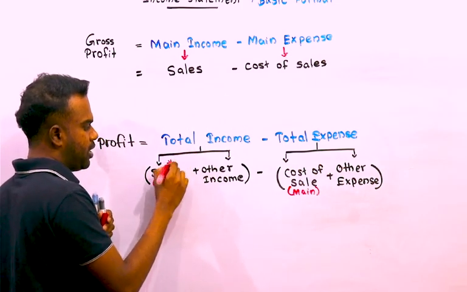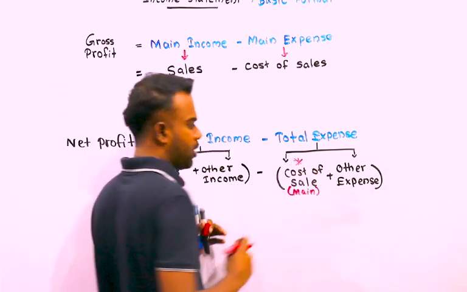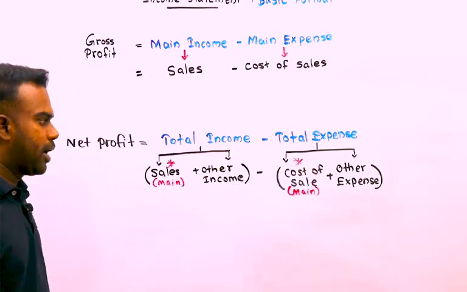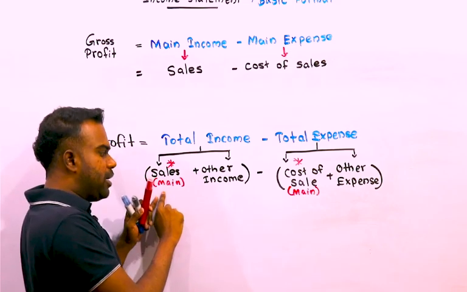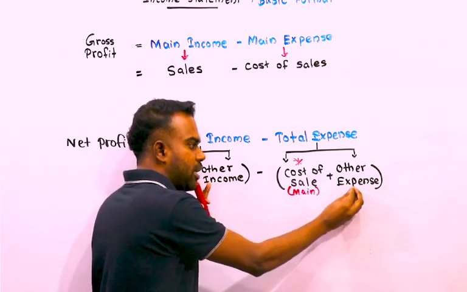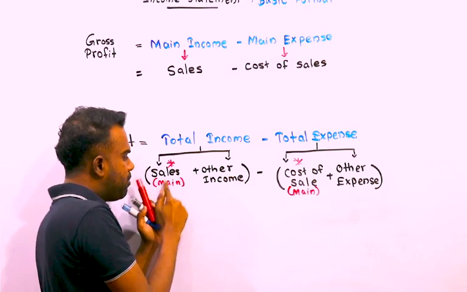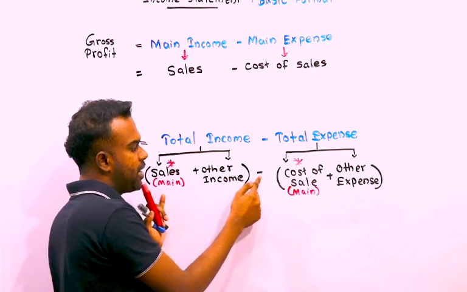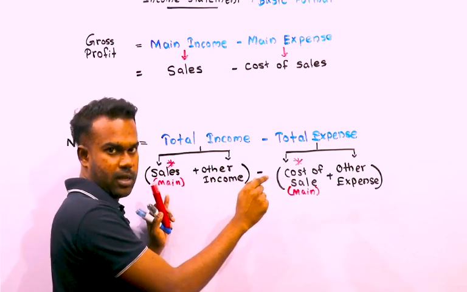The red color: sales means main income, cost of sales, main expense. You can see sales minus cost of sales, without considering other incomes and other expenses. Look at these two only: sales income minus main expense, cost of sales. Sales minus cost of sales, right?